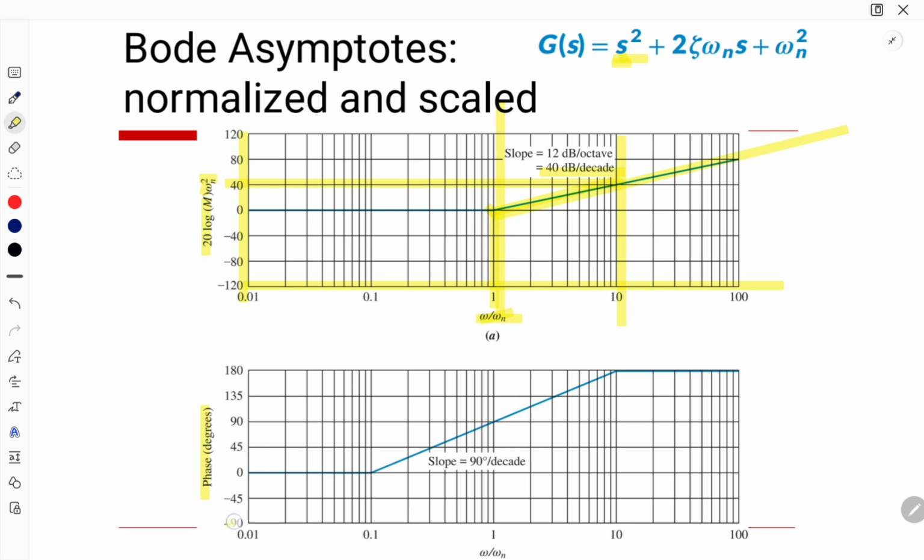We'll just write down minus 90, minus 45, 0, 45, 90, add another 45 degrees, and so on. So at the point of interest at 1, it crosses 90 instead of 45, it starts at 0, crosses 90, all the way to 180 at 10 times that, and it flattens out.